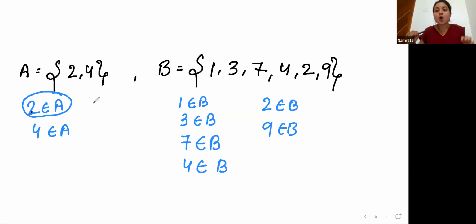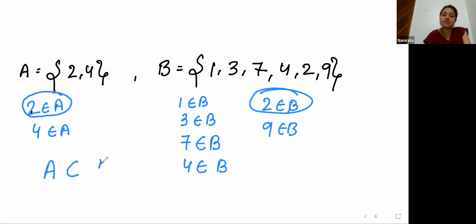If like this all the elements of set A belong to set B also, then we can say A is a subset of B. Here 2 belongs to A and 2 belongs to B also. That means 2 is present in set A and it is present in set B also. Similarly, 4 is present in set A and it is also present in set B. So we can say A is a subset of B.